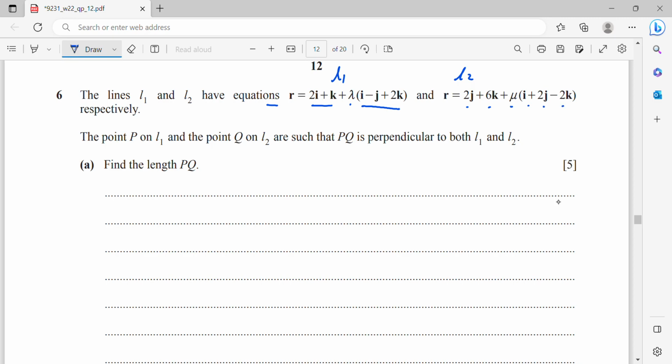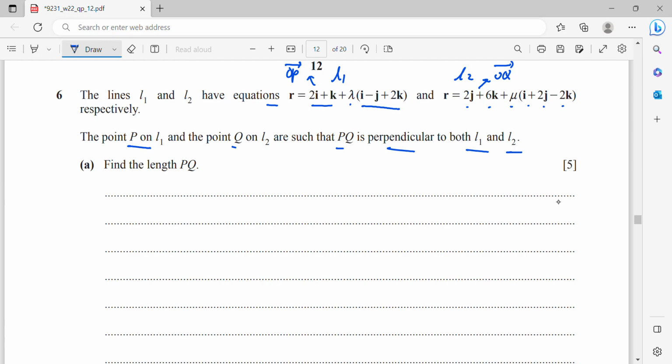The point P on L1, most likely this will be the vector OP, and the point Q on L2, this is the position vector of point Q, such that PQ is perpendicular to both L1 and L2. Find the length of PQ.